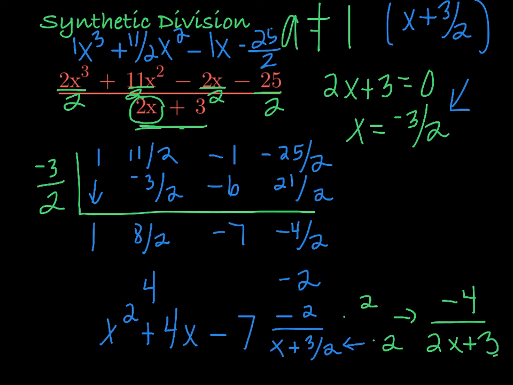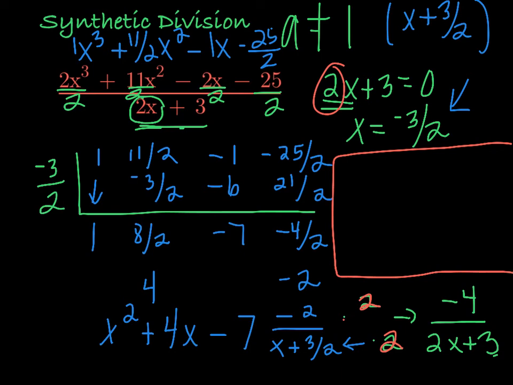It's only the case when you have a remainder. You're going to have to go back and multiply by what you divided by, which in this case was a 2. We divided by a 2, so I have to multiply numerator and denominator by 2 to change my remainder.